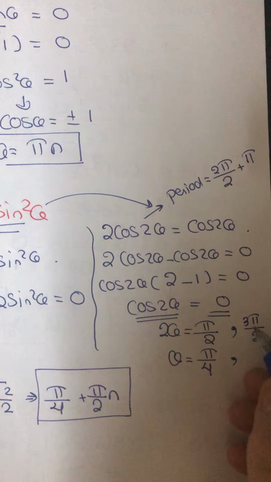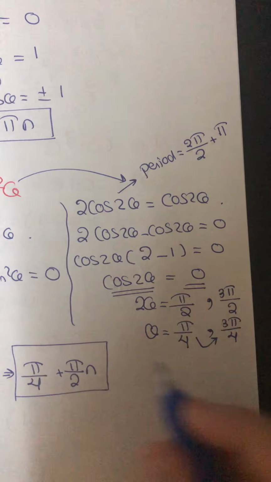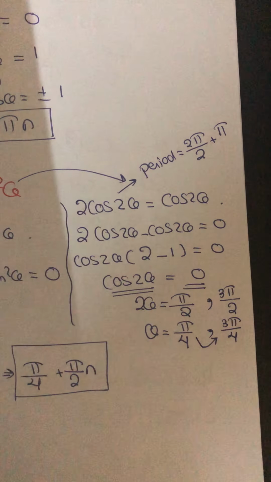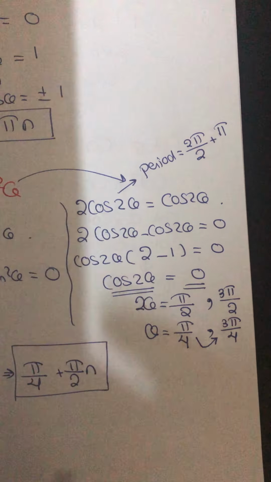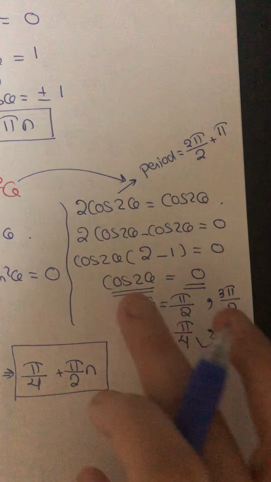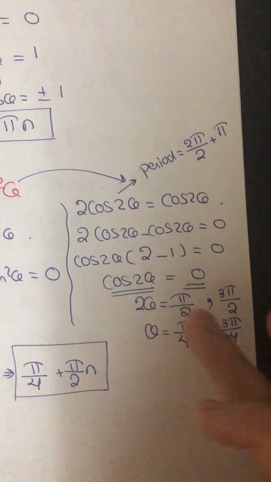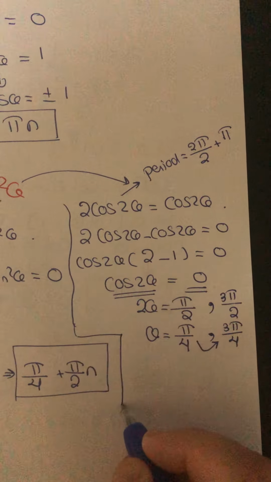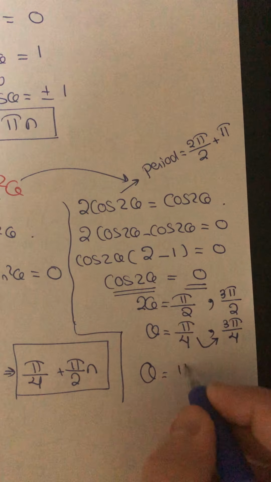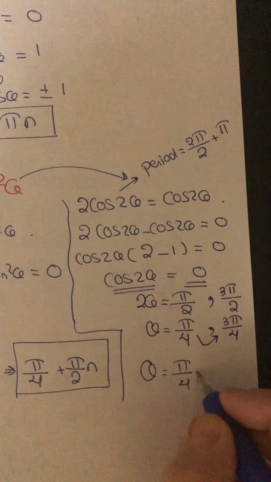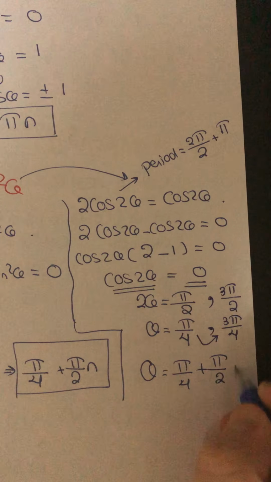You can see the difference between this and this, that I added a pi over 2. Then from here to there, pi over 4 and 3 pi over 4. Actually, now I cannot show you the unit circle much, because this function is cosine 2 theta and it's not like the normal one. And anyways, theta is equal to pi over 4, and it's repeating itself every pi over 2.